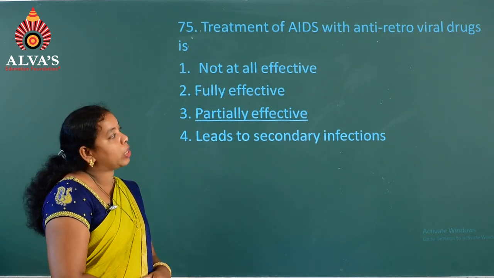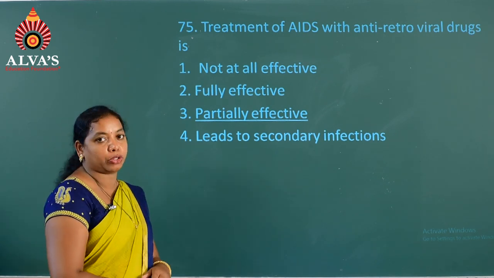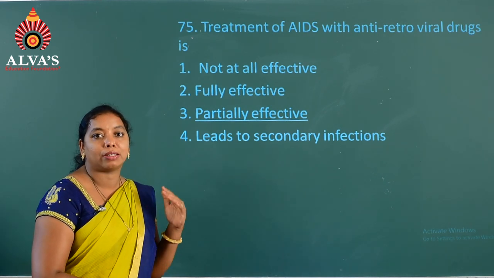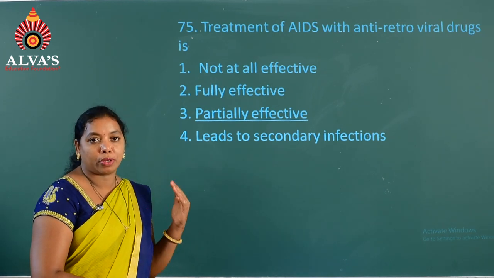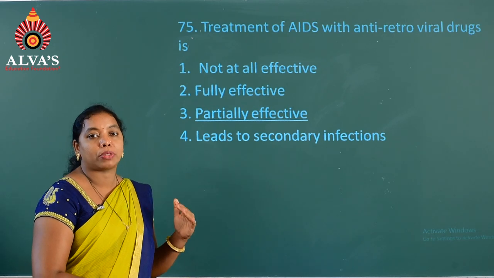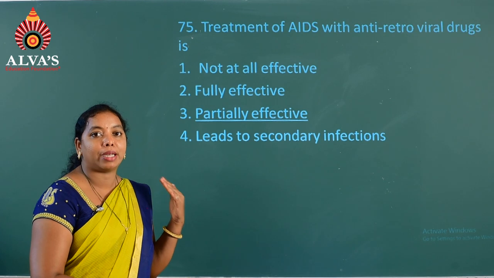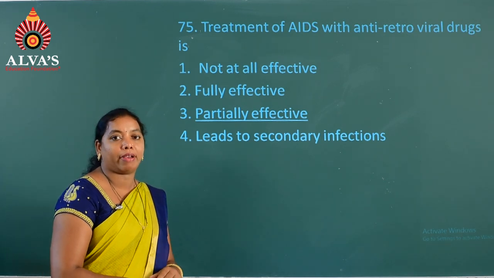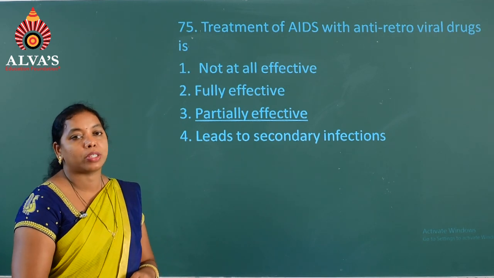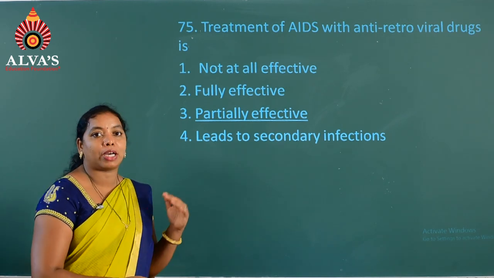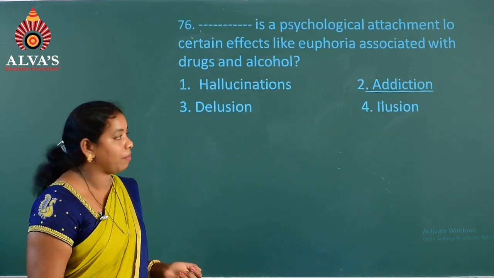When AIDS is treated with antiviral drug, it is partially effective because till now a complete treatment for AIDS is not possible. Investigation and discovery of medicine for HIV infection is still going on. So it is partially effective. Question number 75 answer is 3.